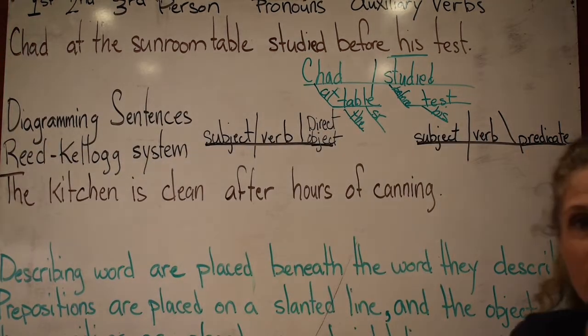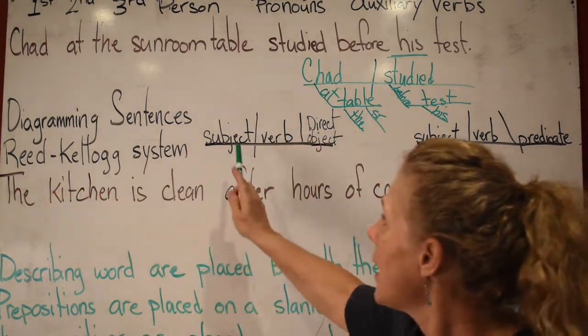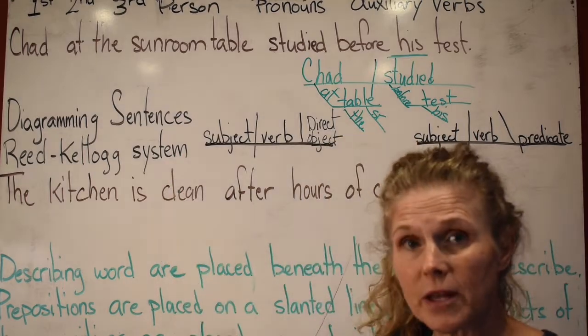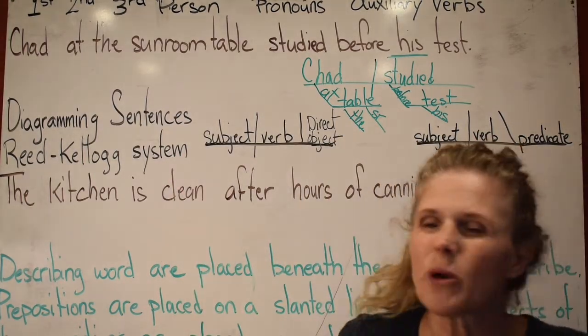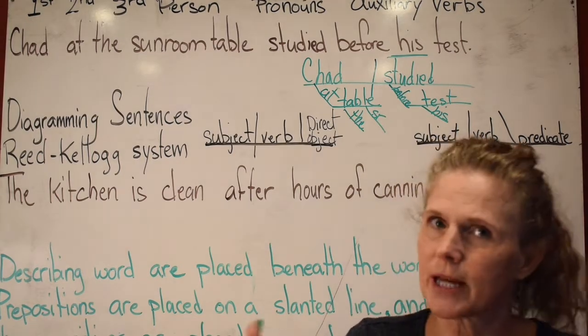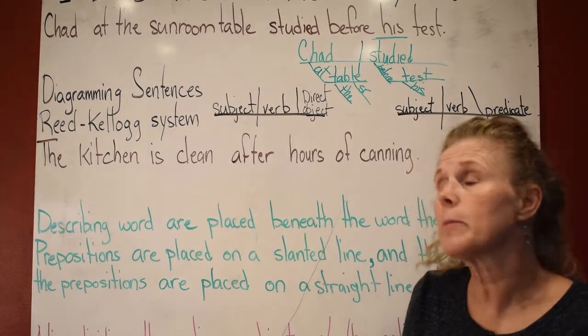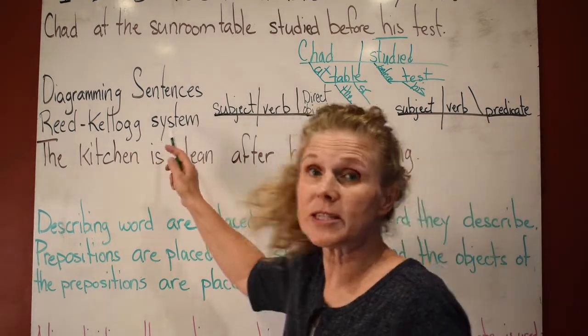Okay, now diagramming sentences. I diagram under the Reed-Kellogg system. That's what I've taught you to diagram. They started around the early 1800s, I think. I could be wrong on the dates. They wanted people to understand their grammar better, and so they put this system together.